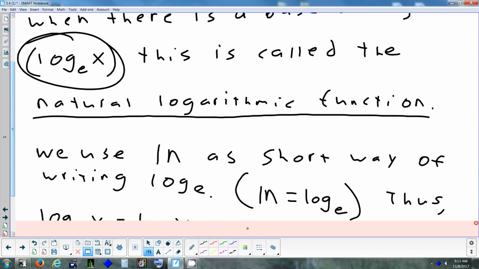Okay, the one thing you have to be careful about when you use the abbreviation is you have to remember what the base is. Because when you write it as ln, the base is hidden. So you have to remember that ln means natural log, which means base e.